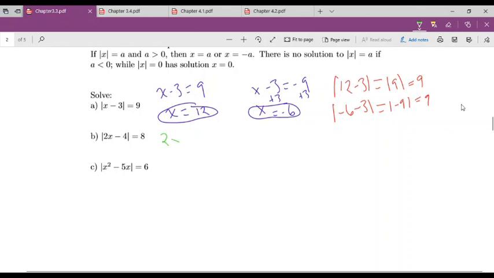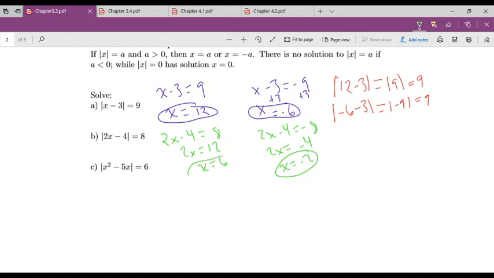Okay, so let's do this one. Same thing. 2x minus 4 equals 8. 2x minus 4 equals negative 8. And it never hurts to check your answers with these. So if I solve for this one, I get 2x equals 12, so that x equals 6. And here I get 2x equals negative 4, x equals negative 2.